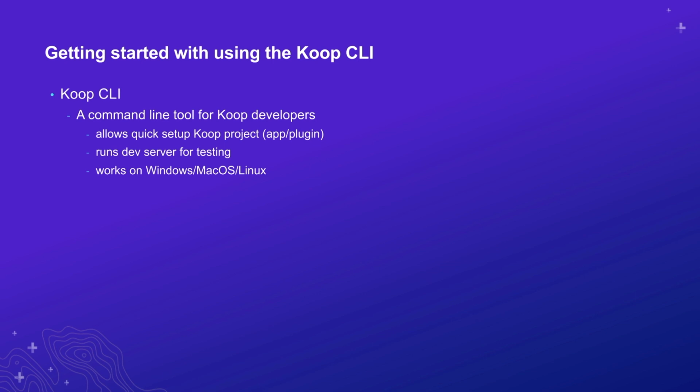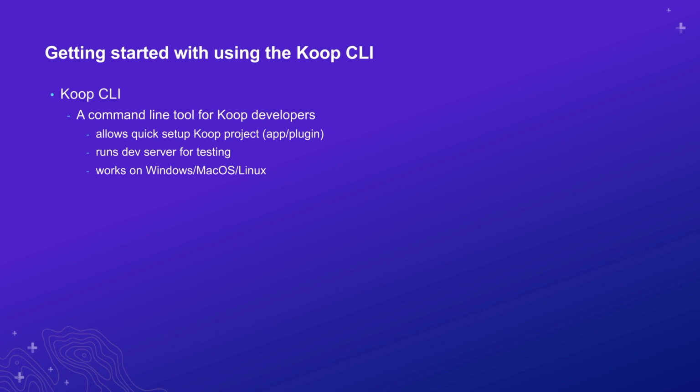If you're new to developing for Koop, you may be wondering how to get started. I'd encourage you to look at the Koop documentation, but you should also look into the Koop command line interface. The Koop CLI is a command line tool for Koop developers to quickly set up a Koop project.